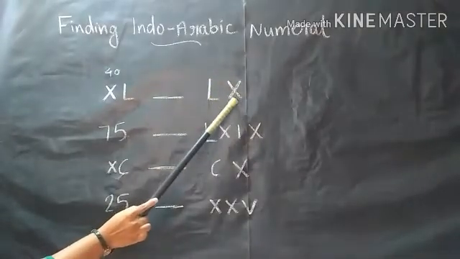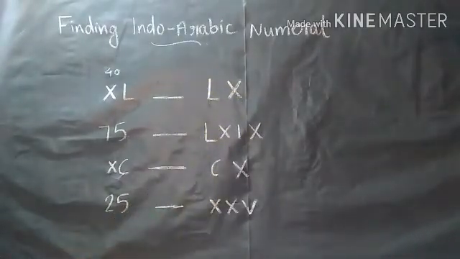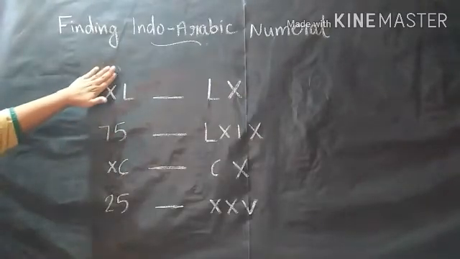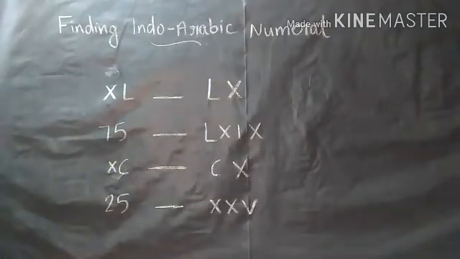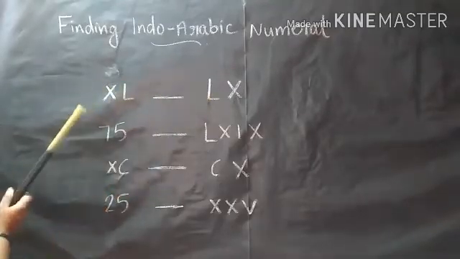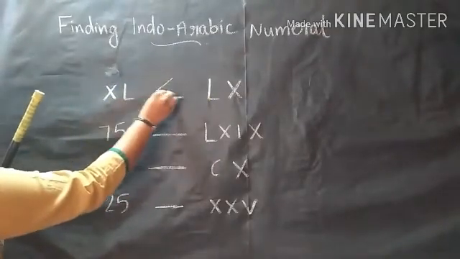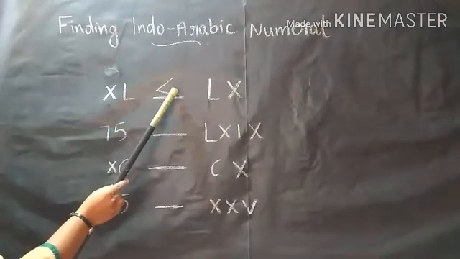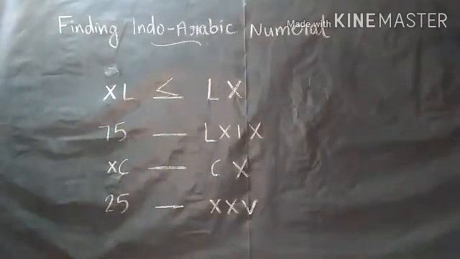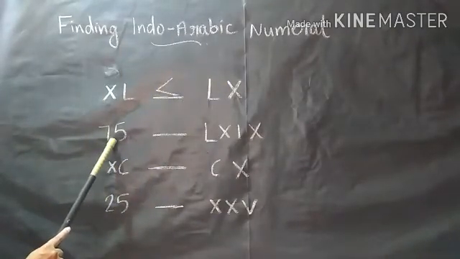That means 50 plus 10 will get 60. So XL is 40, LX is 60. So which is the larger number? LX. So you can put the symbol like this, with the big opening always towards the big number. XL is less than LX.